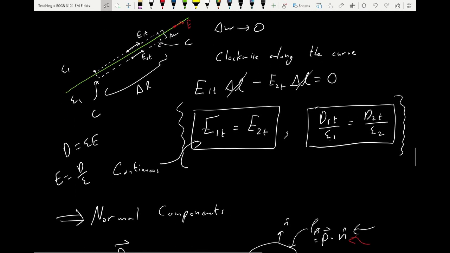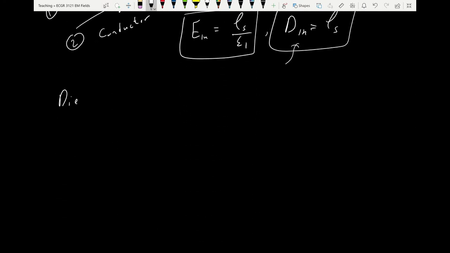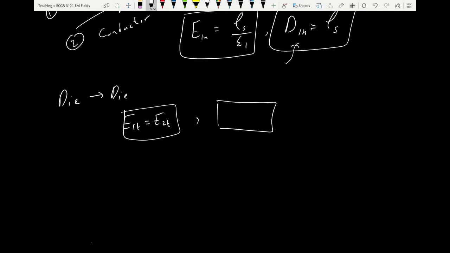Okay. So to summarize, for dielectric to dielectric, E1t equals E2t, and the corresponding flux densities are D1t over epsilon 1 equals D2t over epsilon 2.